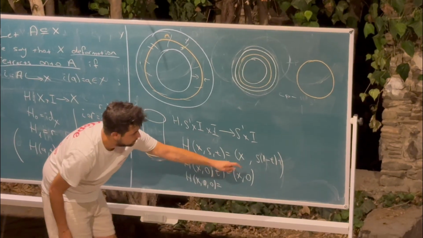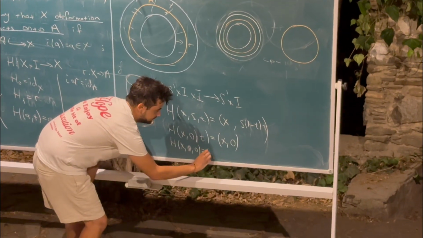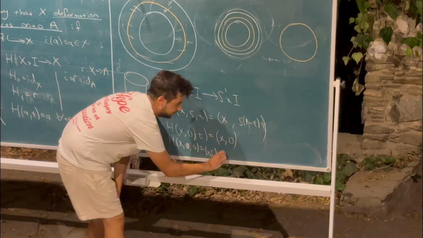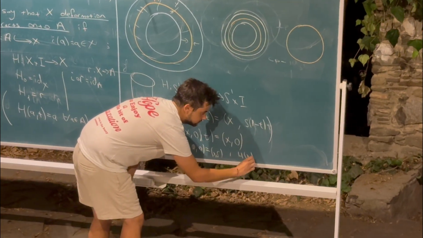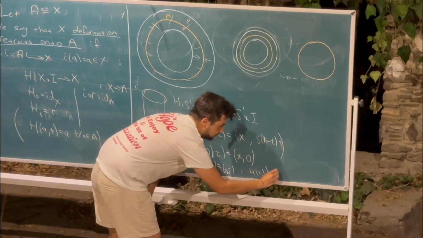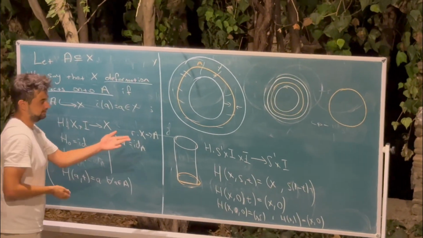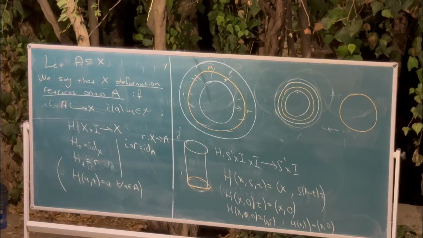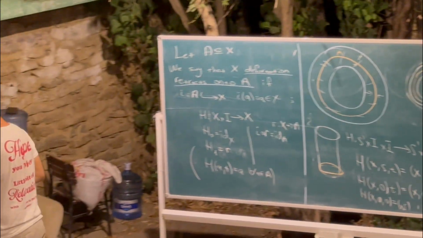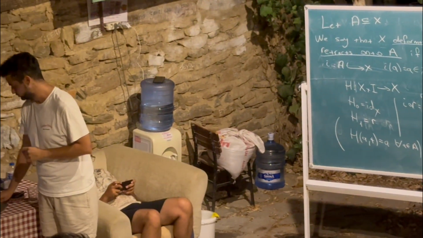At time 0, I'm the identity. And at time 1, I'm on the bottom circle. So this is a homotopy. Any questions?